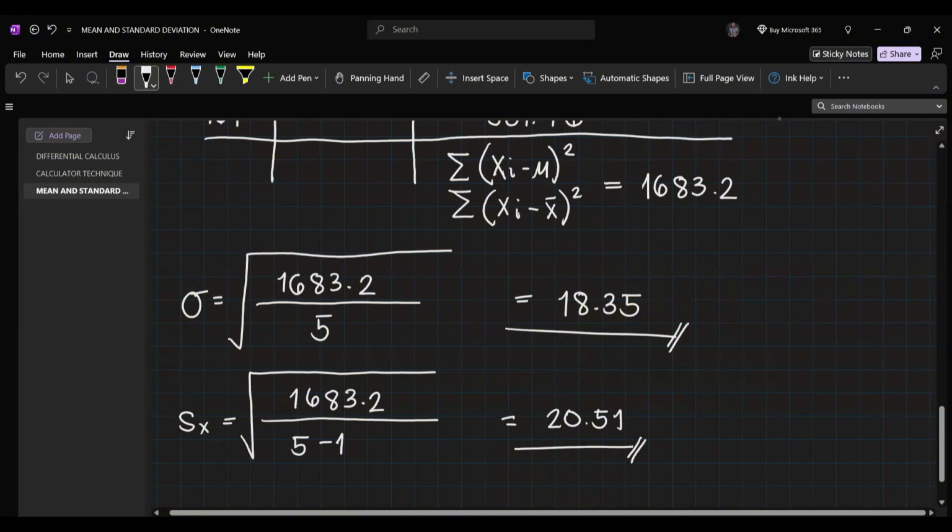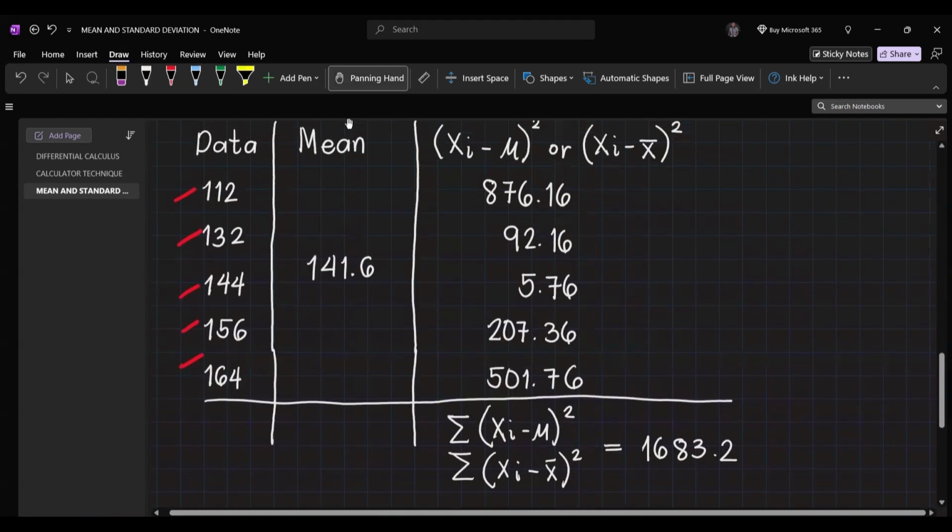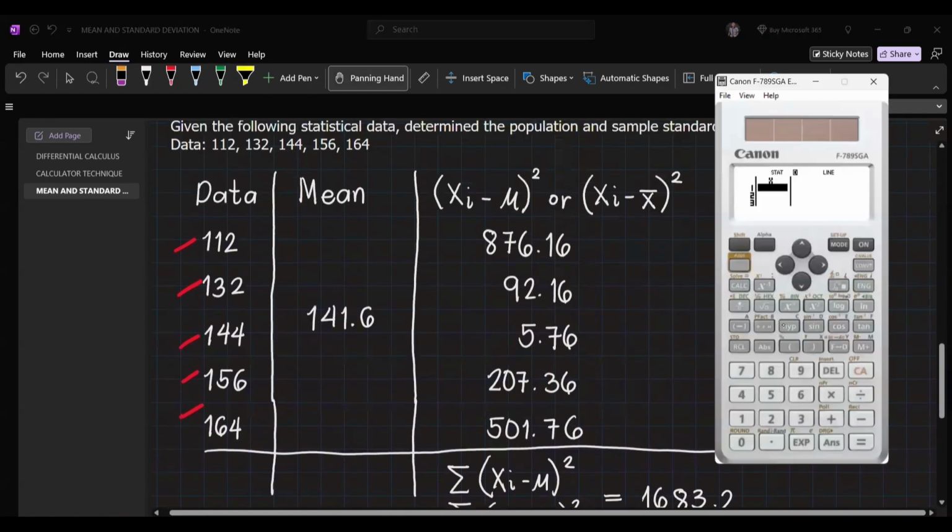And then ngayon, check natin siya by our calculator technique. So ganun ulit, mode 3 and then 1. Ilalagay lang natin yung ating data. 112, 132, 144, 156, and 164.